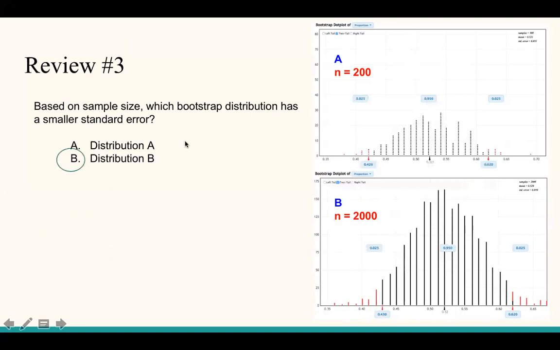All right, awesome. Yes, B does have the smaller standard error because remember, as the sample size increases, the standard error decreases, or as the sample size decreases, the standard error increases. They have an inverse relationship.